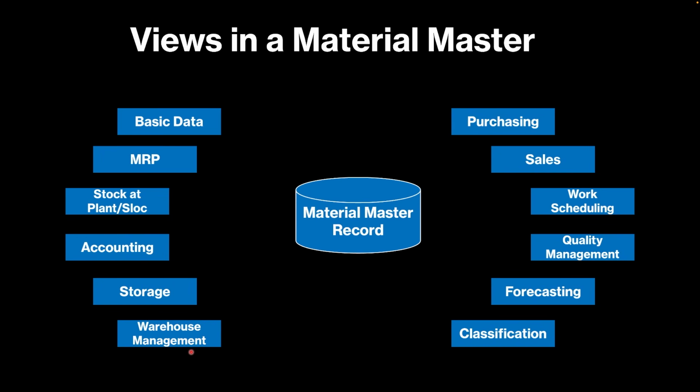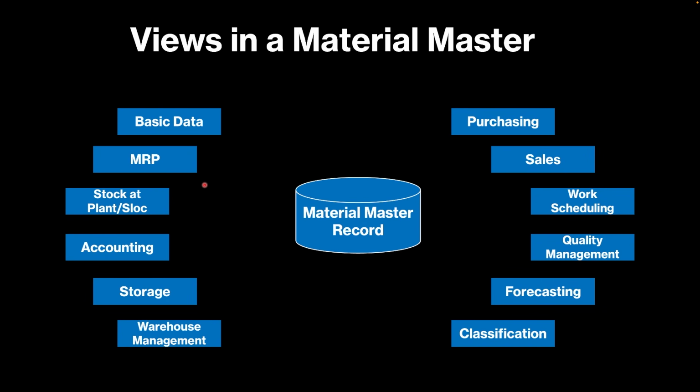Let's say that you want to do warehouse management, then you must have the warehouse management data. Then let's say that you want to use your material for MRP related processes. Then you must have your MRP data. Okay, so these views basically represent the department which will be doing activities with the help of material master, and hence they will have to maintain the relevant data against each view.